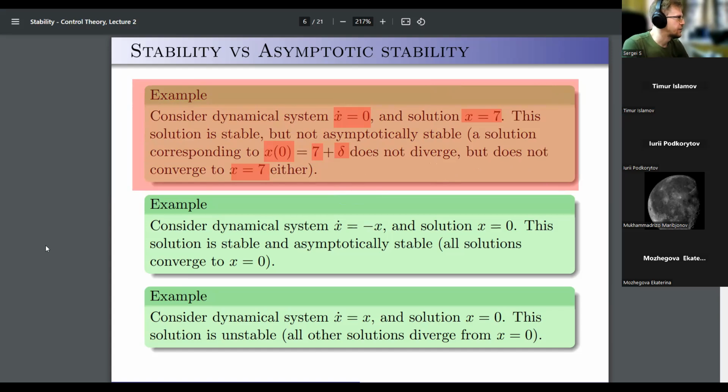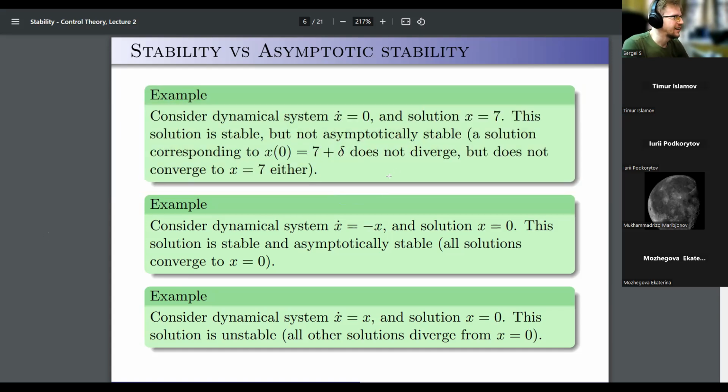Notice also that to be concrete, I cannot say that the system is marginally stable. I should probably say that the solution x equal to 7 is marginally stable, because stability talks about a specific solution, not about the whole system. That is a detail we need to keep in mind for a couple of slides.